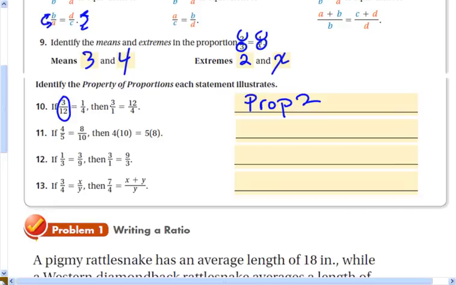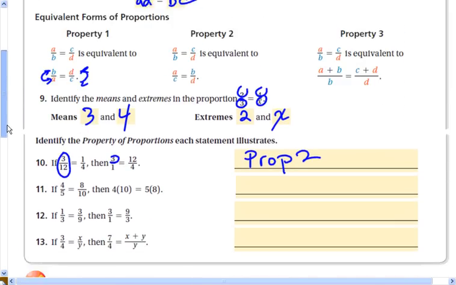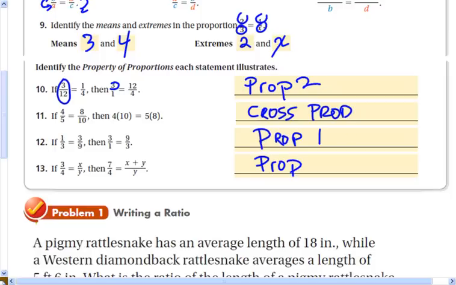We are using the first ratio as the numerators. That is proportion property 2. Okay, and number 11, that's the cross products property. Number 12 is property 1. That's where we just flip each one. And number 13 is property 3. Proportion property 3. Maybe we'll call it PP1.